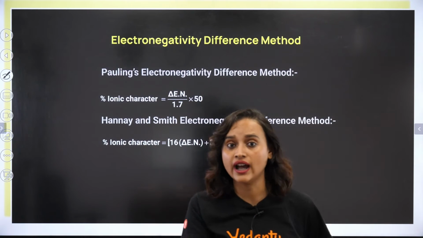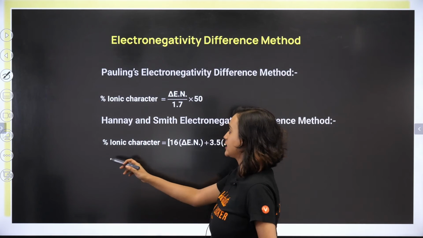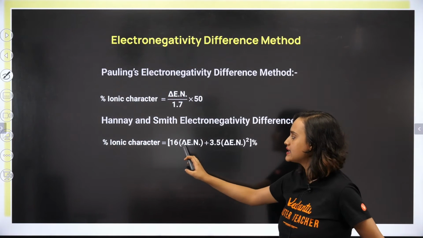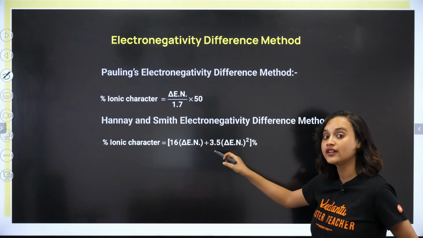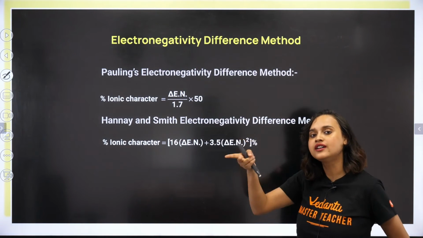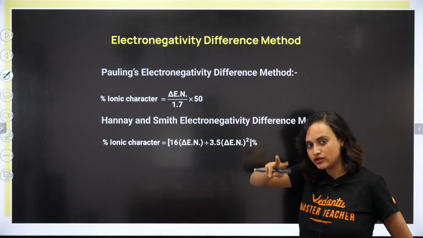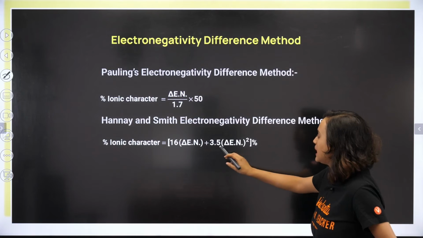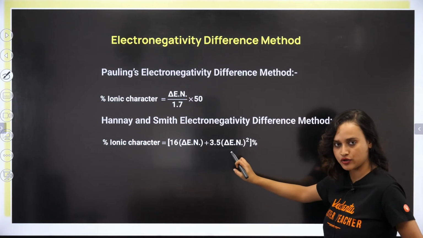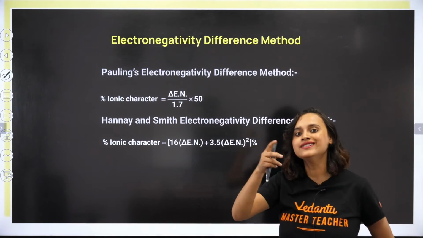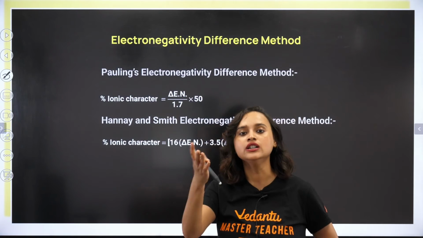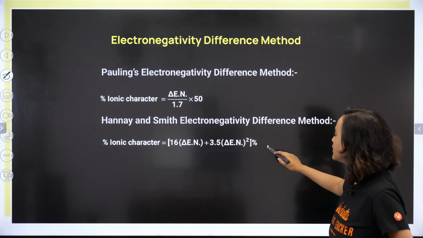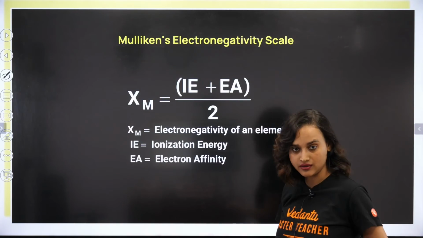To calculate the percentage ionic character, it is 16 times delta electronegativity, that is, the difference in electronegativity between the two atoms, plus 3.5 times delta electronegativity squared. So this is the formula. These are the formulas that you might require if there are numericals.